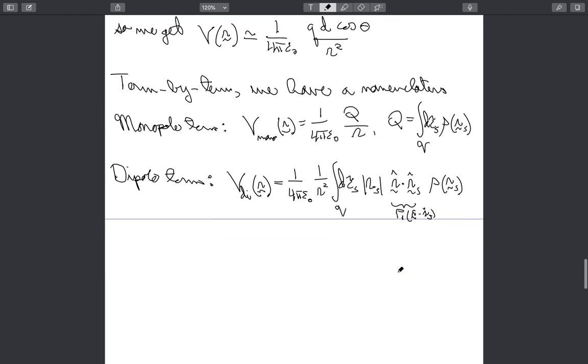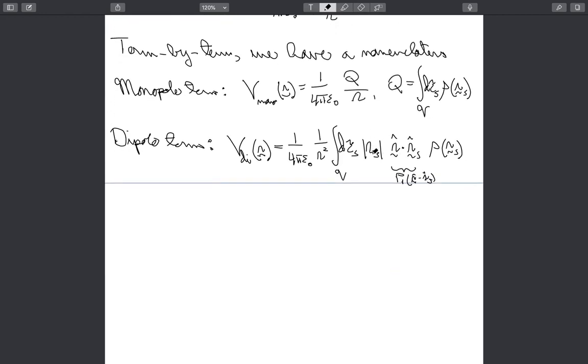But you see, I can rewrite that a little bit because the norm of r source times r source hat is just really r source. So I can simplify the notation a little bit.